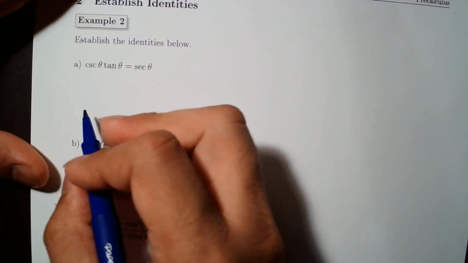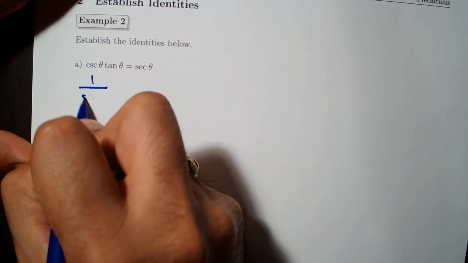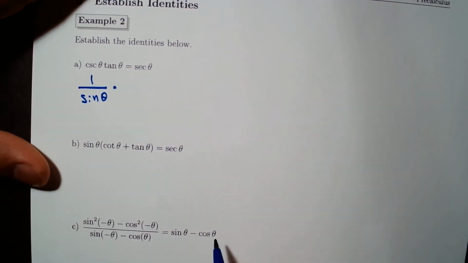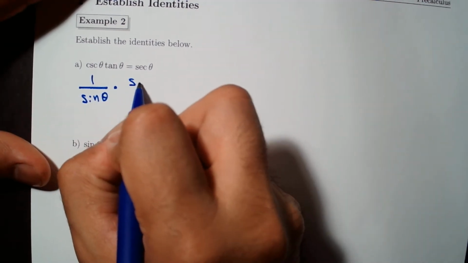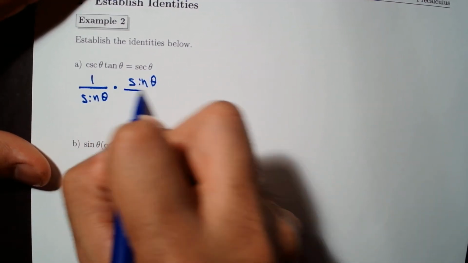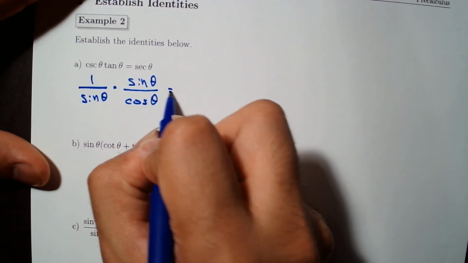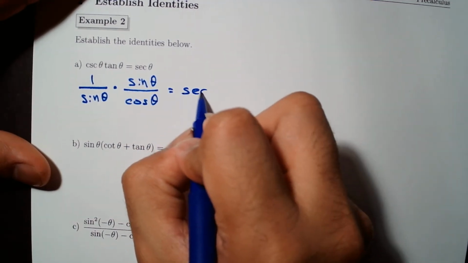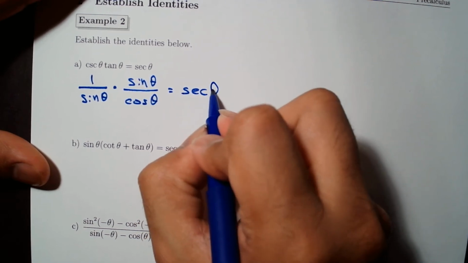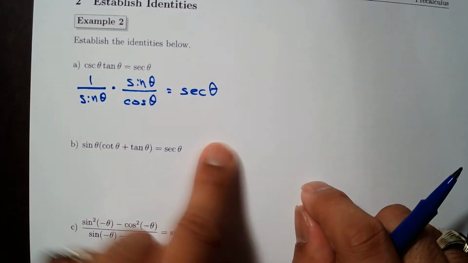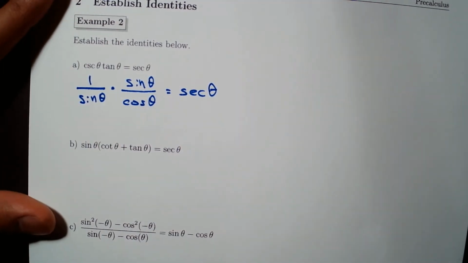I'm going to write cosecant as 1 over sine, and tangent as sine over cosine, and that's still secant theta.